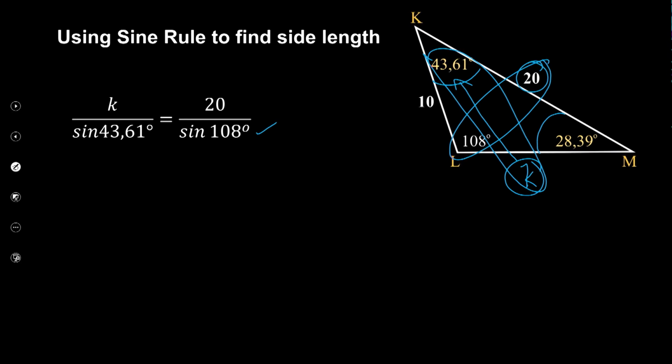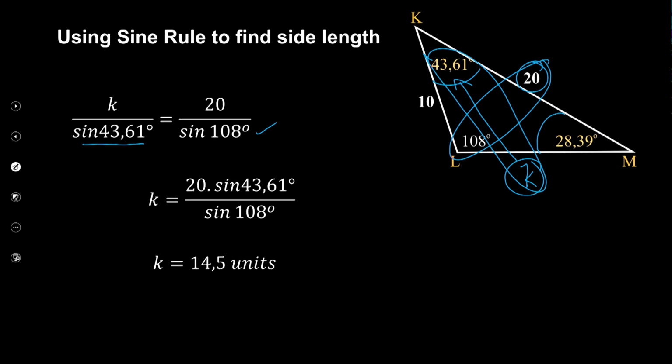We make k the subject of the formula again by multiplying throughout by sine of 43,61. And our calculator will give us the answer, and we round it off to 2 decimal places. So k will equal 14,5.